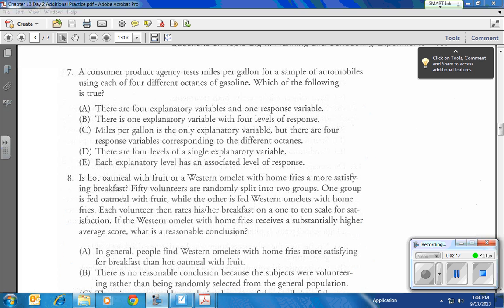B, there's 1 explanatory variable with 4 levels of response. C, miles per gallon is the only explanatory variable, but there are 4 response variables corresponding to different octanes. D, there are 4 levels of a single explanatory variable. E, each explanatory level has an associated level of response.